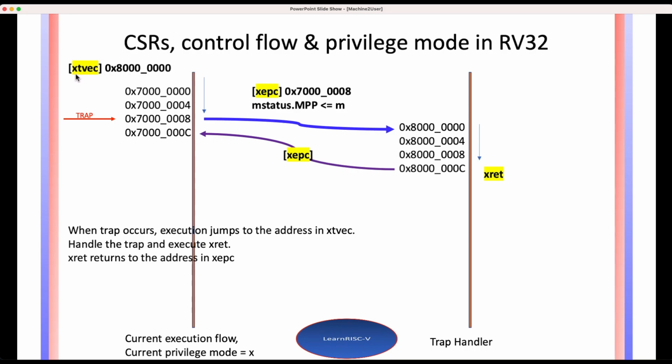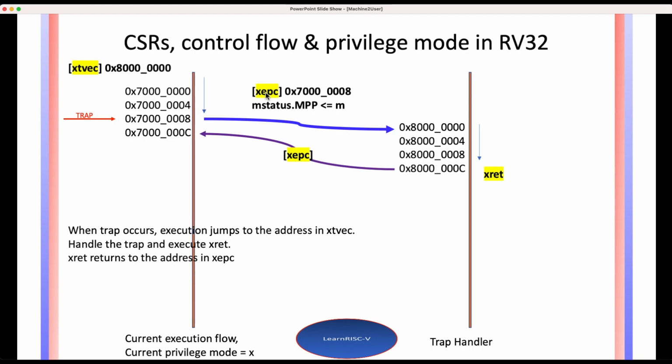So this text here are all CSRs, which are highlighted in yellow within the square brackets: XTVEC, XEPC, and XRET.